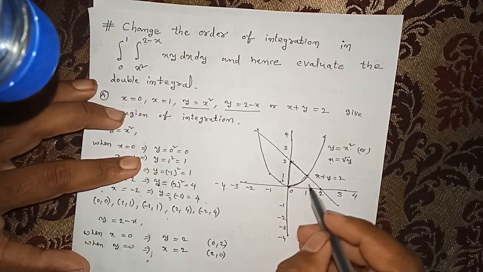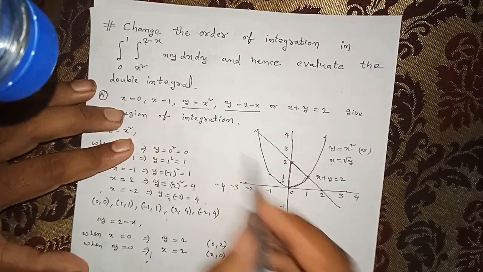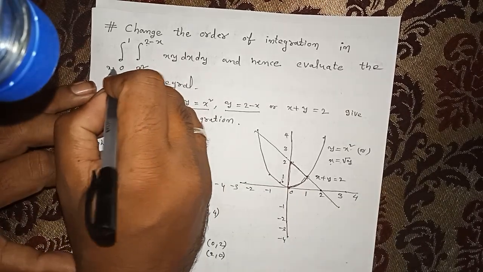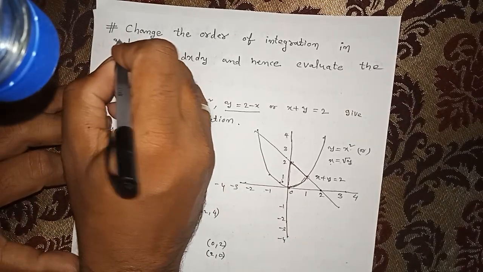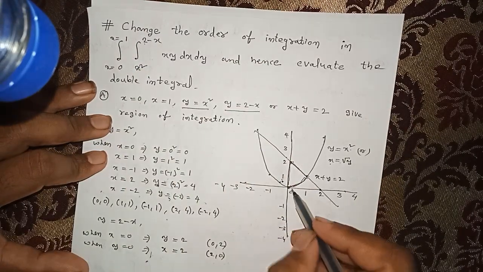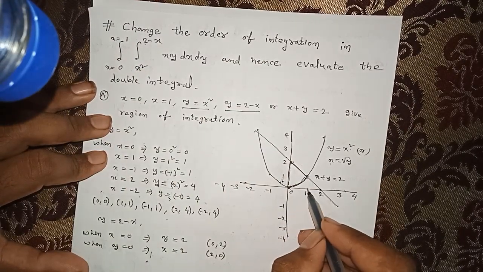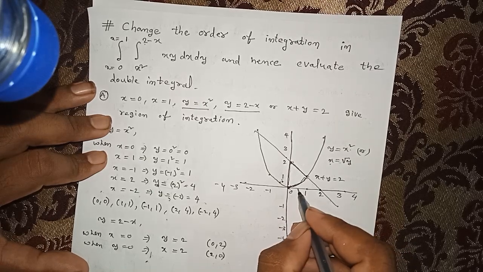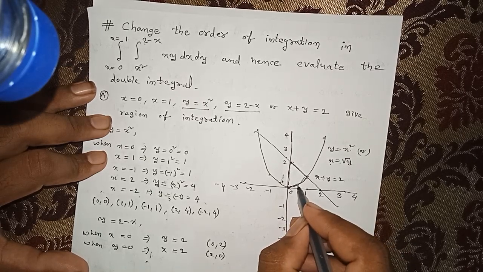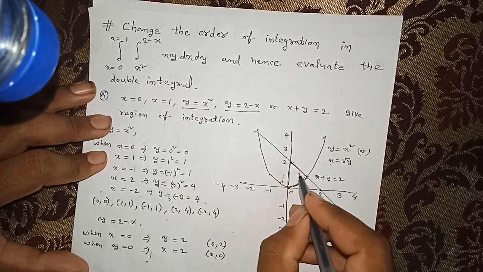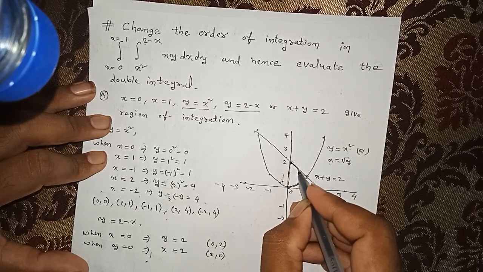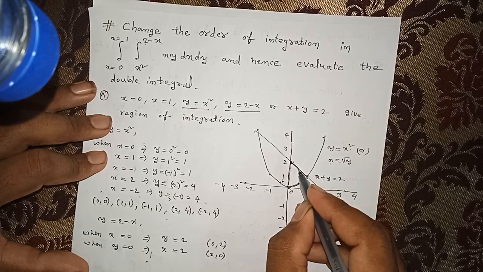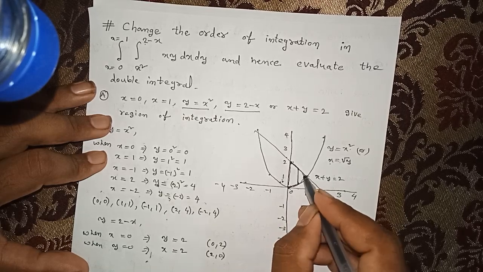Now, as per the given problem, x is moving from 0 to 1, and for a fixed value of x, y is moving from this curve to this line. Let us take a strip.